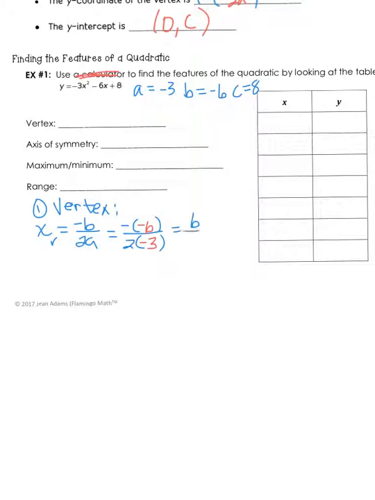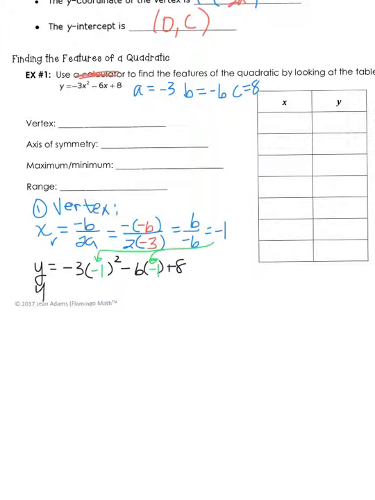Then for the y value of the vertex, you're going to take the original equation that they gave you in standard form, and wherever there's an x, you're going to replace it with the x value you just came up with. So this value goes in here and in here. So -1 and -1.